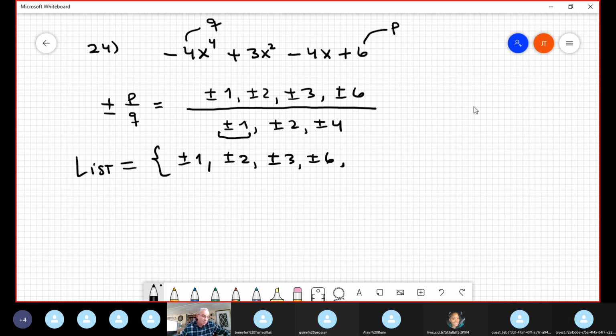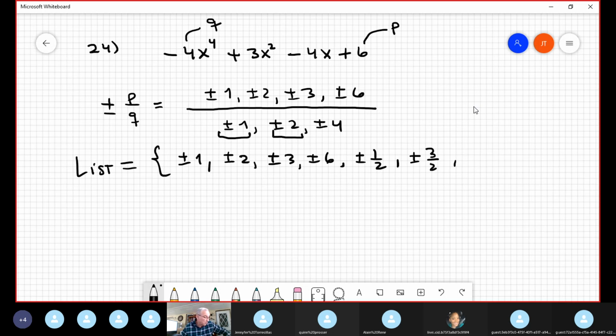Now 2 over 2 is 1, the same. I don't want to repeat, of course. Plus or minus 3/2, and 6 divided by 2 is 3. I did that, so no necessary repetition.